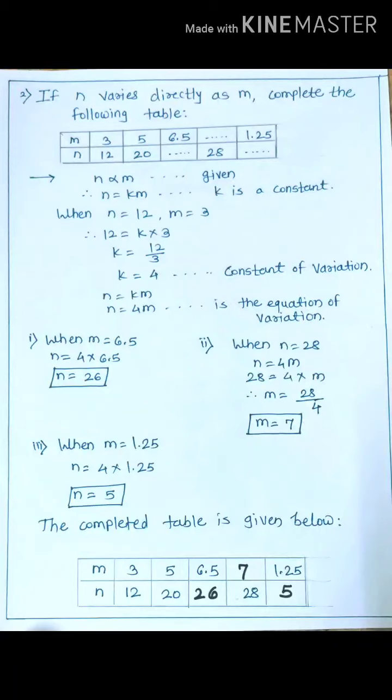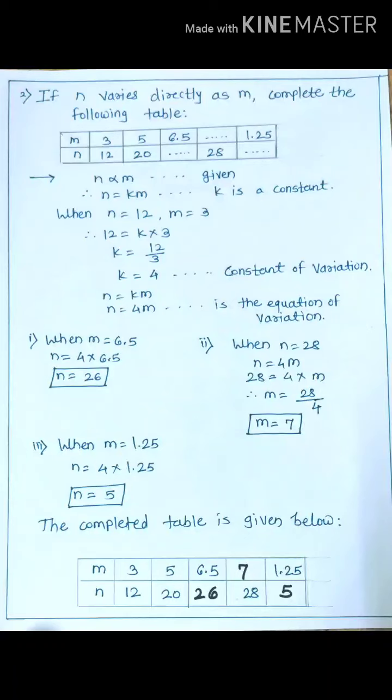Once you have the value of k, you can find the value of m or n. First, when m is equal to 6.5, substitute the values of m and k. n is equal to 4 into 6.5, that is n is equal to 26. Second, when n is equal to 28, n is equal to 4m, substitute the value of n, that is 28 is equal to 4 multiplied by m.